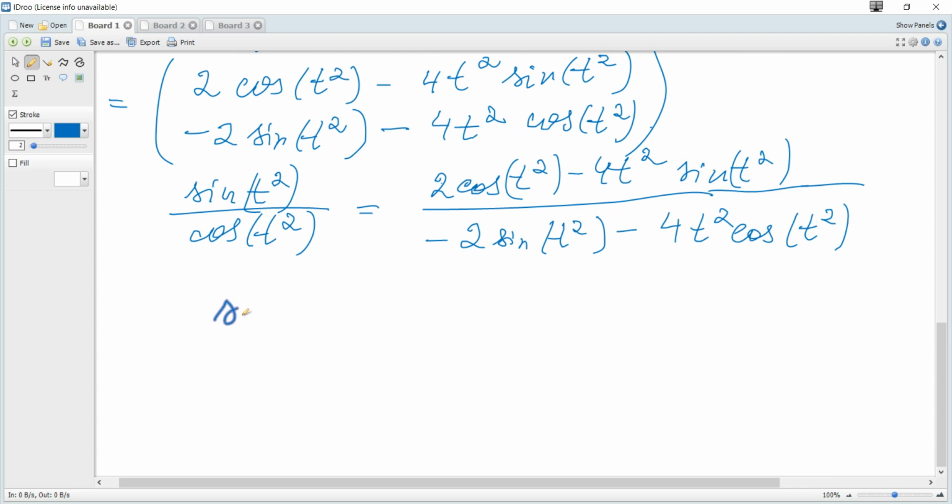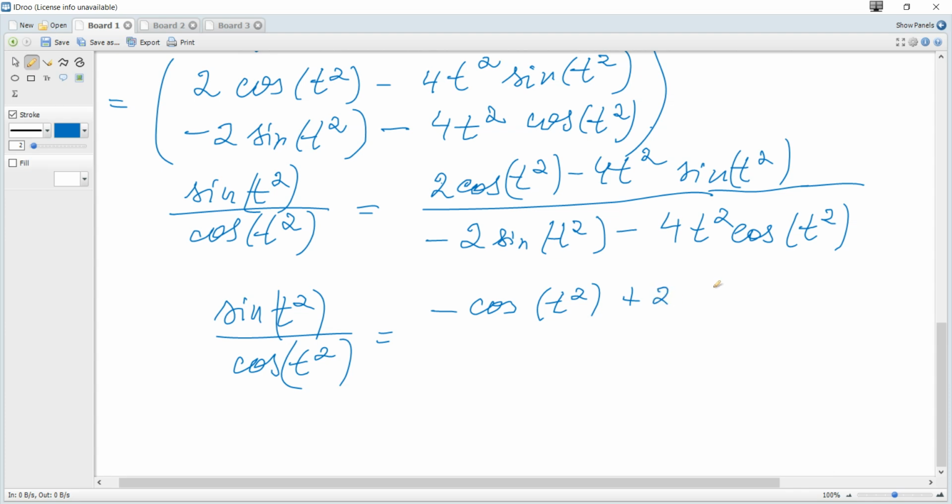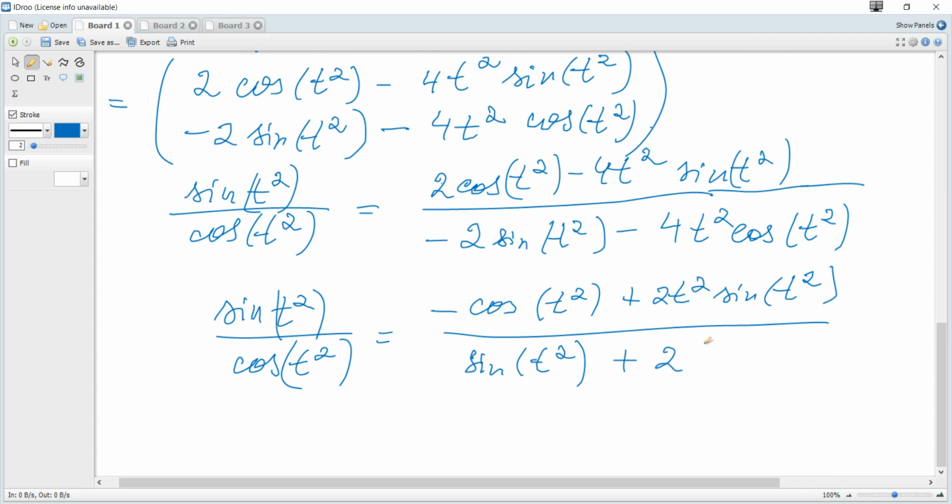So it becomes sine of t squared over cosine of t squared is negative cosine of t squared plus 2 t squared sine of t squared over sine of t squared plus 2 t squared cosine.